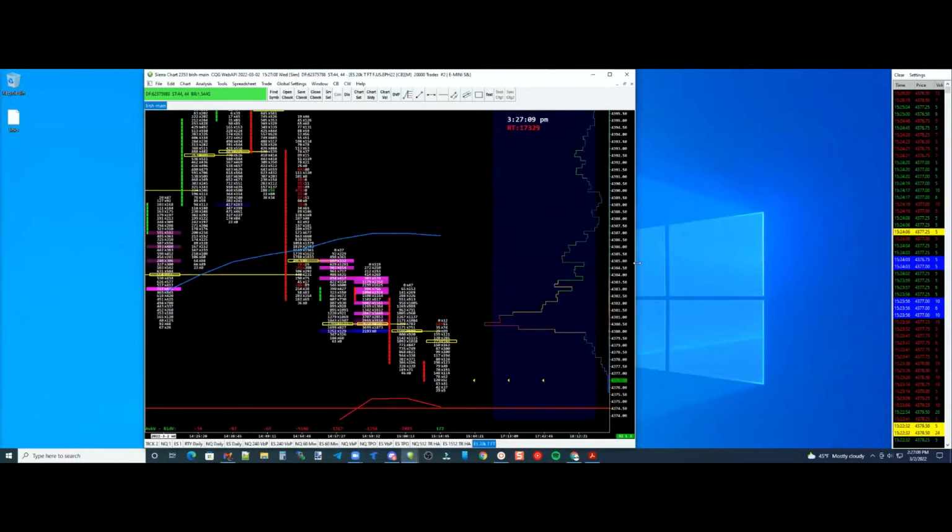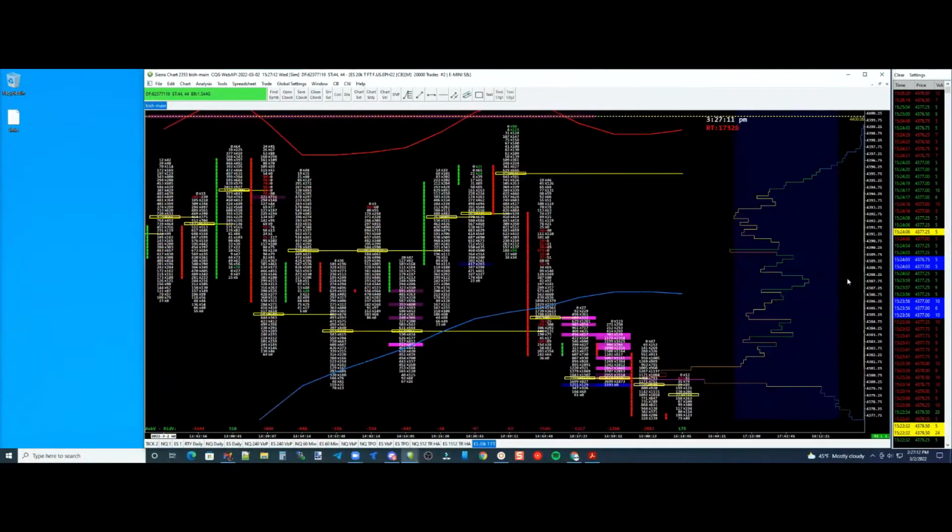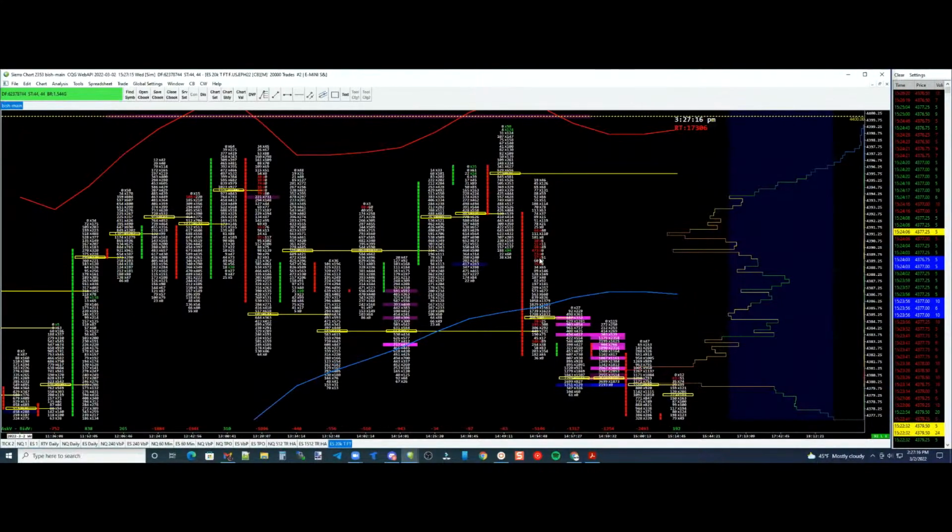Now, granted, there are other DOMs out there that are good. Jigsaw has a DOM as well, but I'm telling you right now, if you want the full package, you'd be hard pressed to find a more affordable, more complete, badass solution than what Sierra Chart gives us. So let's get to it.